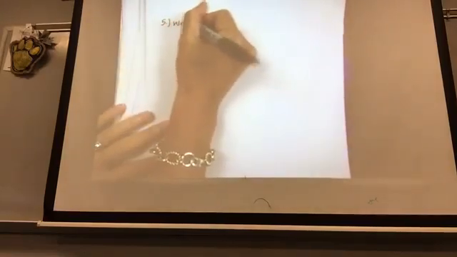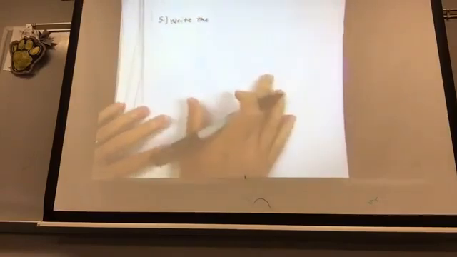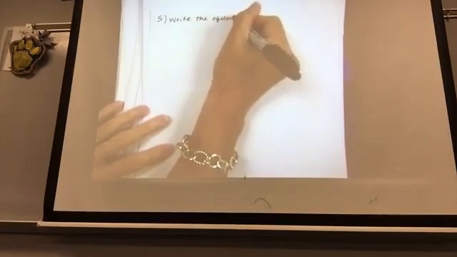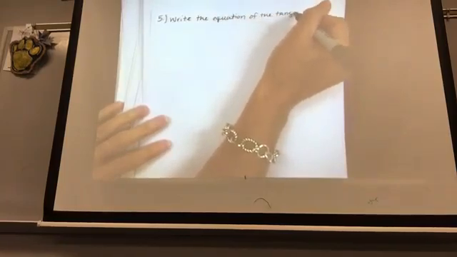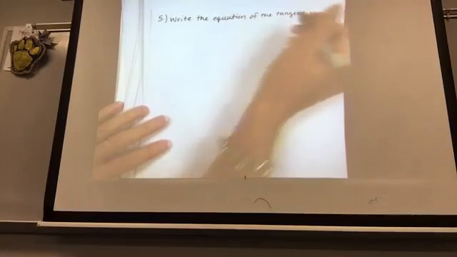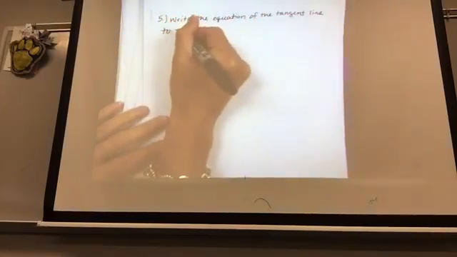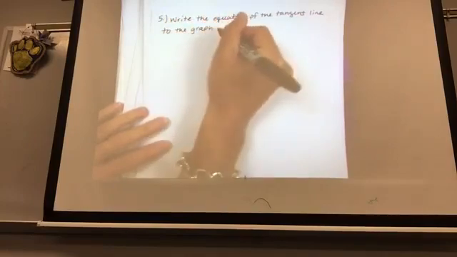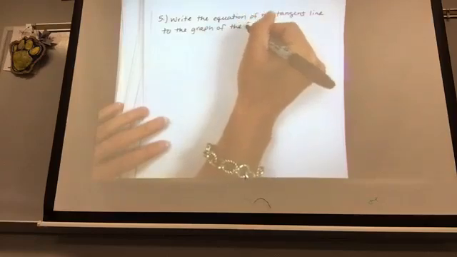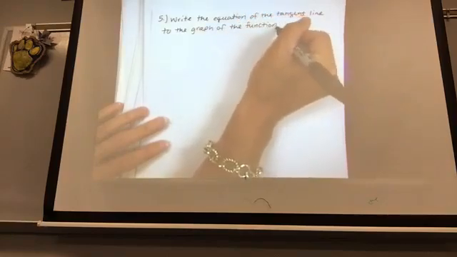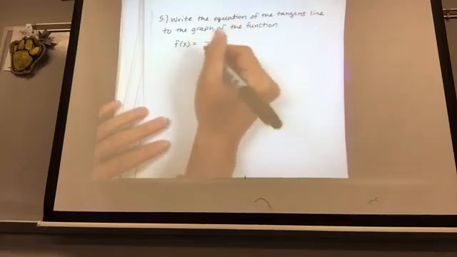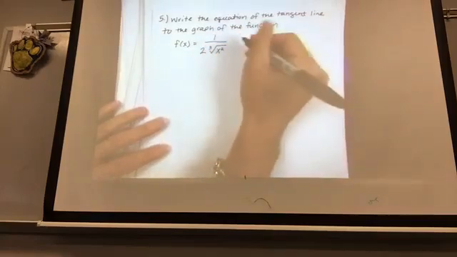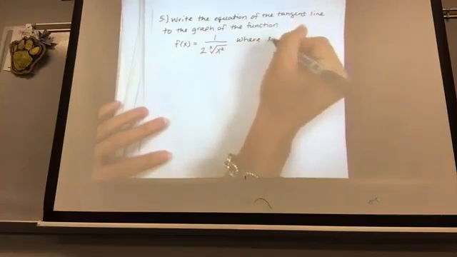Write the equation of the tangent line to the graph of the function f of x equals 1 over 2 times the cubic root of x squared, where x equals 8.